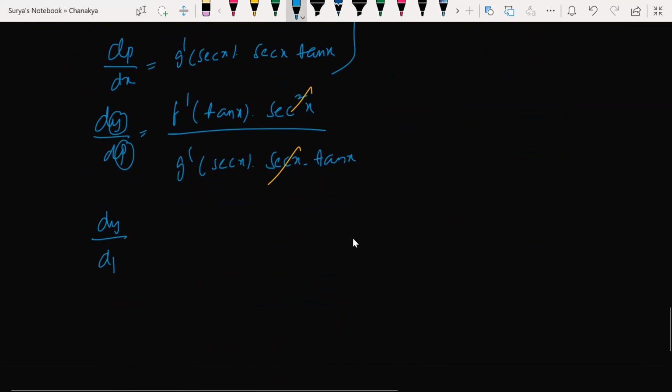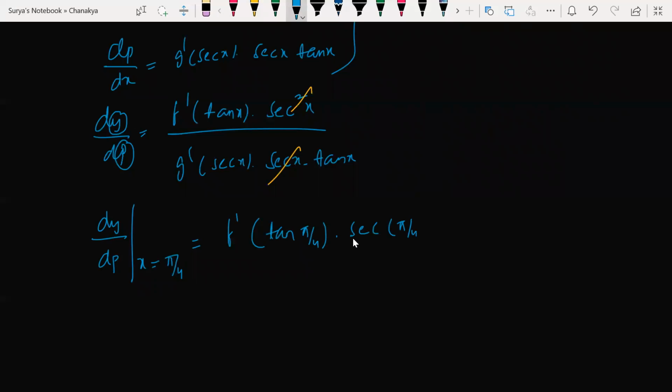Dy by dp at x equal to pi by 4 is f dash of tan pi by 4 into secant pi by 4, whole divided by g dash of secant pi by 4 into tan pi by 4.